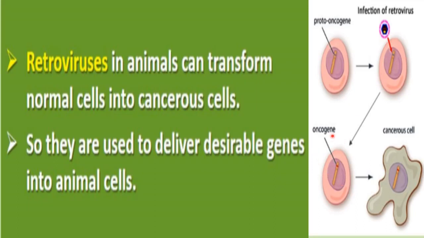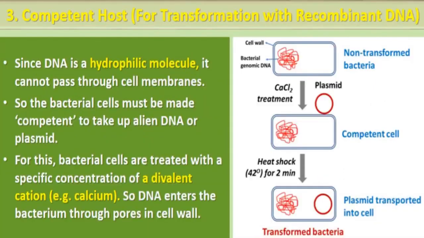And these oncogenes are responsible for causing cancer. Thus, the cell will be converted into cancerous cell. So these retroviruses can also be used as cloning vector to deliver the desirable genes. In place of the genome of retrovirus, desirable gene can be inserted and it can be transferred to a host animal.